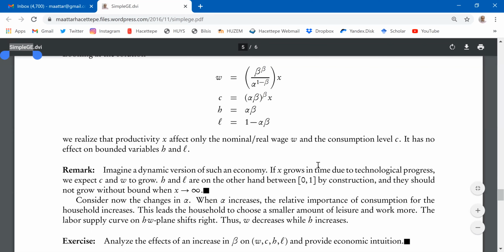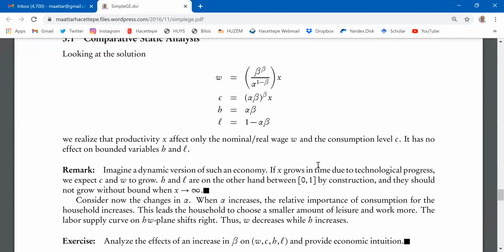Again, I discuss the changes in alpha here. So how does that shift?